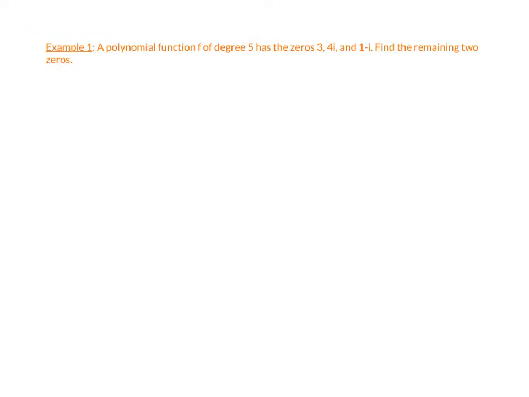For our first example, we have a polynomial function of degree 5, and it has the zeros 3, 4i, and 1 minus i. Now, one important thing to know is that if you have a degree of 5, you will also have 5 complex zeros.